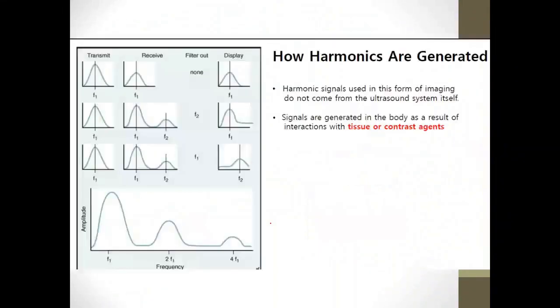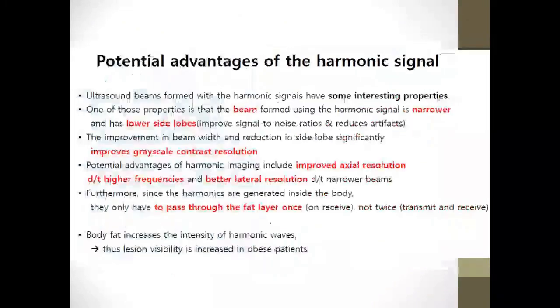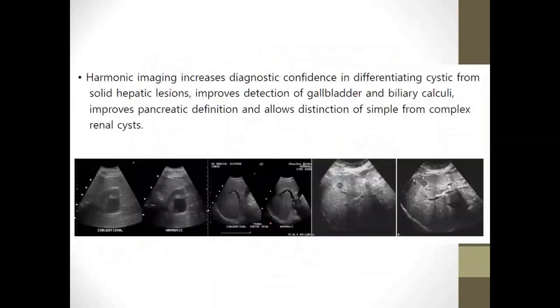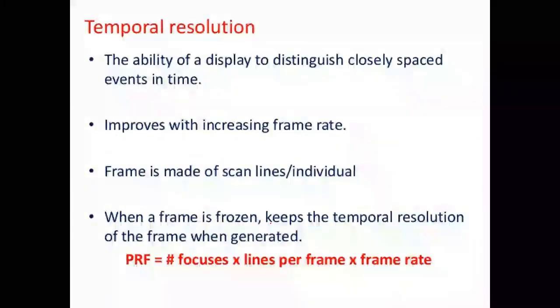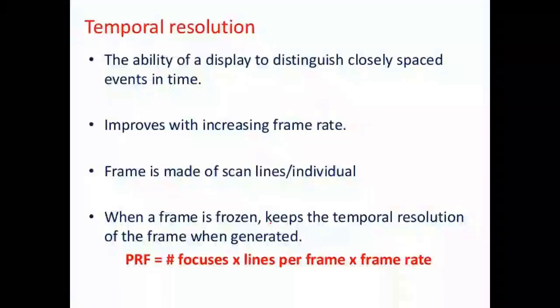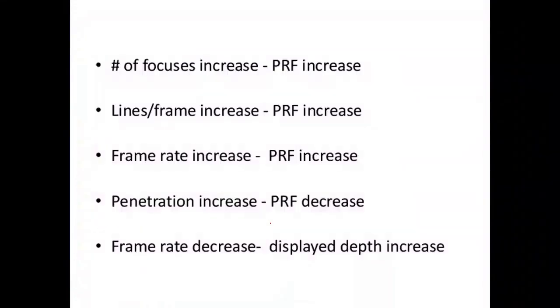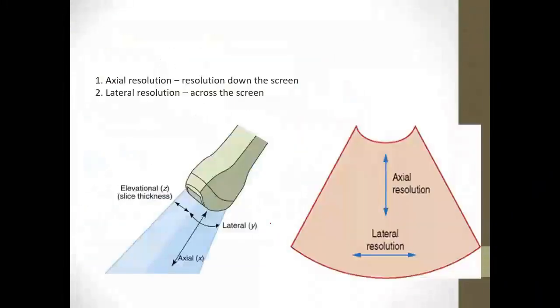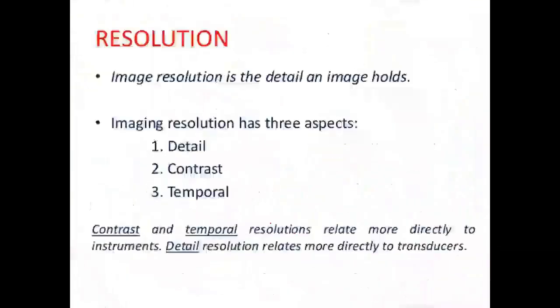We will explore the various modes in ultrasound technology, including harmonic imaging as well, which is quite fascinating. I will leave that for next time, along with the different modes.